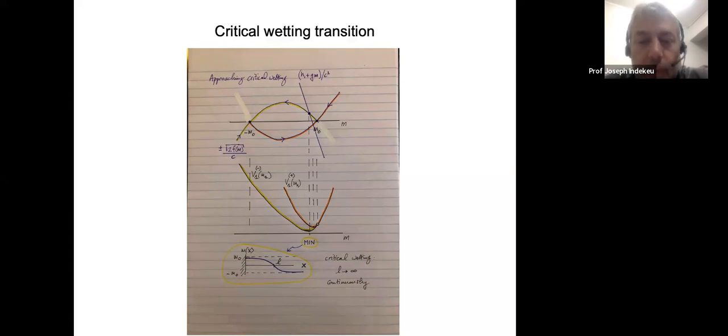It would only become macroscopic if we can push this intersection point towards M0, either by changing the surface parameters, H1 or G, or changing the temperature, which would affect the magnitude of M0. So we can achieve wetting in this continuous manner, provided the surface parameters or the bulk temperature is properly adjusted.